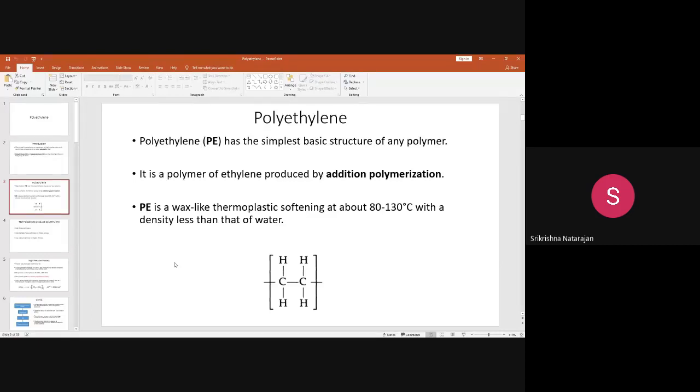If you compare this polyethylene with other fibers, nylon or polyester, the melting temperature is very low because the intermolecular forces are less.